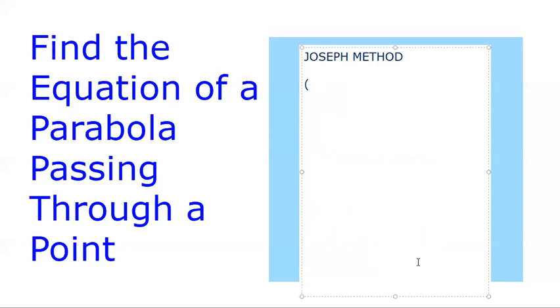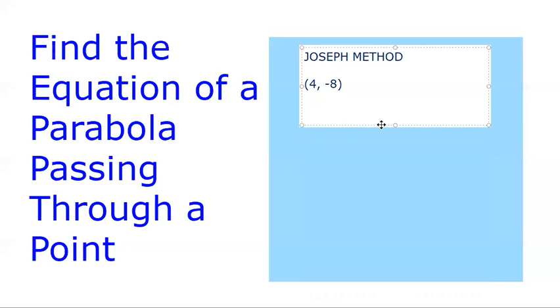So the next point that I want to do is the point 4 comma negative 8. Okay, so we're over here in the fourth quadrant, and we want to know, hey, can I actually build an equation that goes through the point 4 comma negative 8?